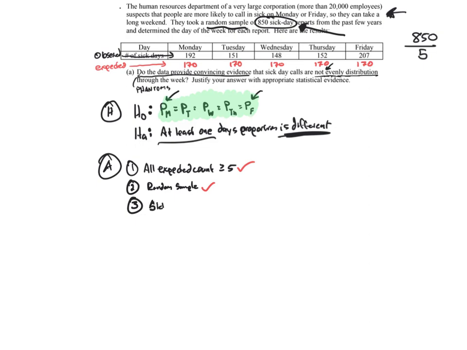So just sick days in general that were taken off. Is it at least 8,500 sick days? Since there's more than 2,000 employees, and let's just imagine every employee takes 2 sick days a year, and that's way conservative, that's 40,000 sick days available. So yeah, this is a safe assumption.